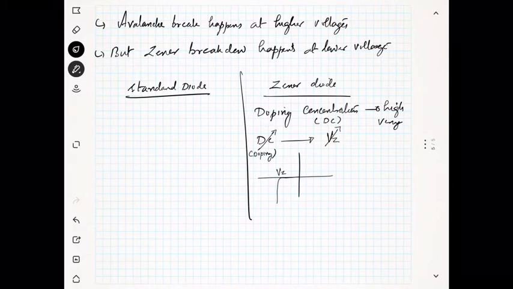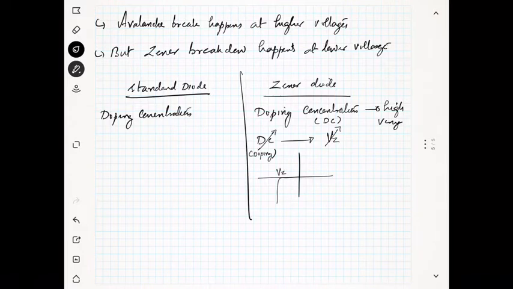But in standard diode, you will be using a fixed doping concentration, according to what is required for a particular application. The doping concentration is usually moderate.